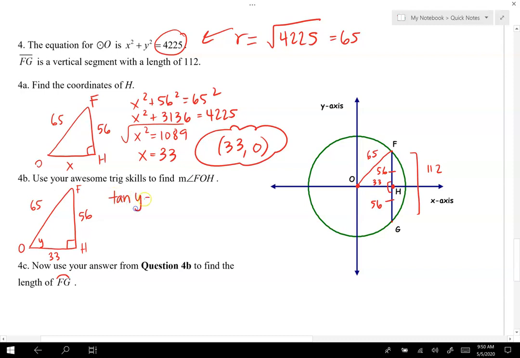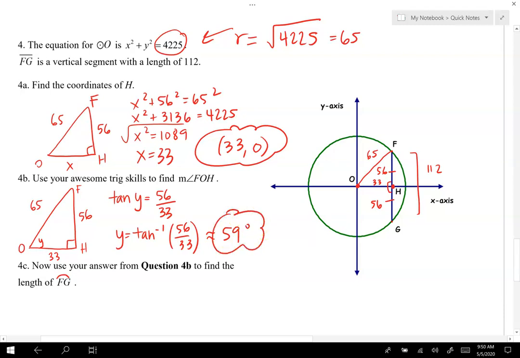Tangent of y equals the opposite side, 56, over the adjacent side, 33. And remember, when you're solving for an angle, to undo the tangent, you do the inverse tangent. And round to the nearest degree would be amazing. So this is about 59 degrees. Okay, that will definitely be on your homework.